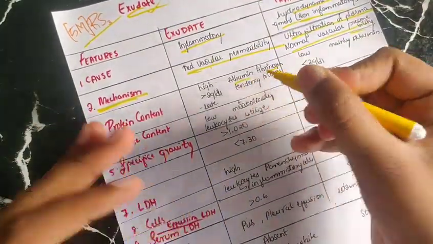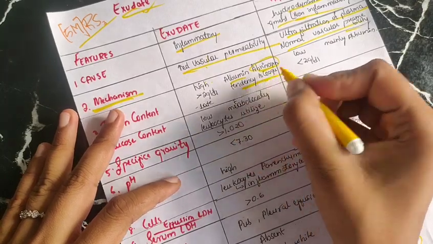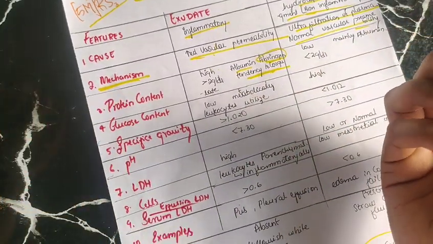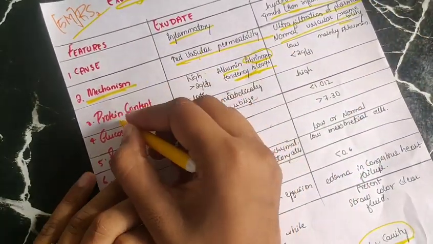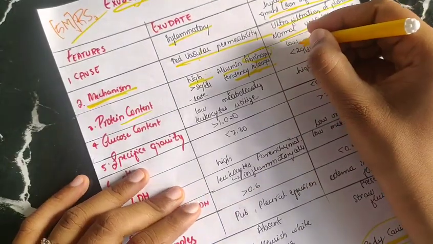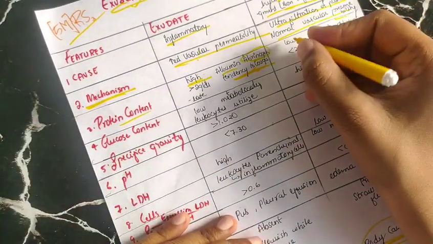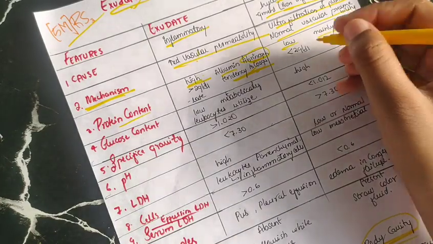So albumin, fibrinogen, everything comes out. Fibrinogen is responsible for coagulation, so it has a tendency to coagulate also. So everything comes out, no? So protein content in exudate will be high, whereas in transudate there is only ultrafiltration, so larger proteins cannot come out and it will be low. Mainly albumin will come out and no other proteins.